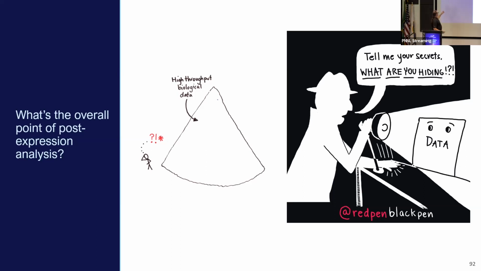So the point of the post-differential expression analysis: you've gotten to the point that Lisa talked about. You've got a very large pile of data, and you're at the point where you say, okay, I've got a bunch of differentially expressed genes. I've done all the right things to get to these steps. What does it mean?